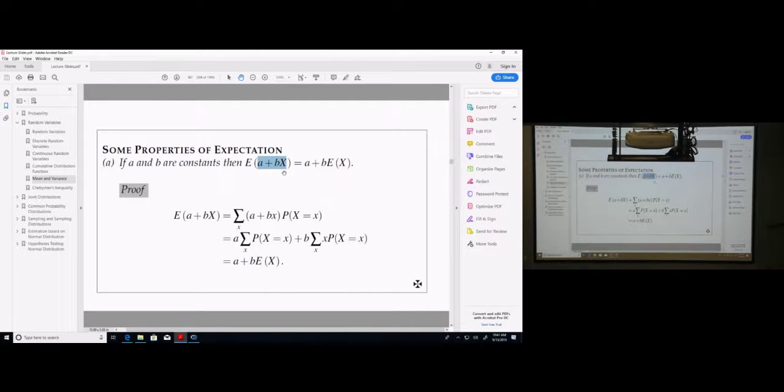What it says is that if your x is measured in Celsius, but your interest is in Fahrenheit, then you will be having this kind of a change. So what this formula says is that either you apply the formula and change all your numbers to Fahrenheit first, and then find the expectation. So this is your left-hand side.